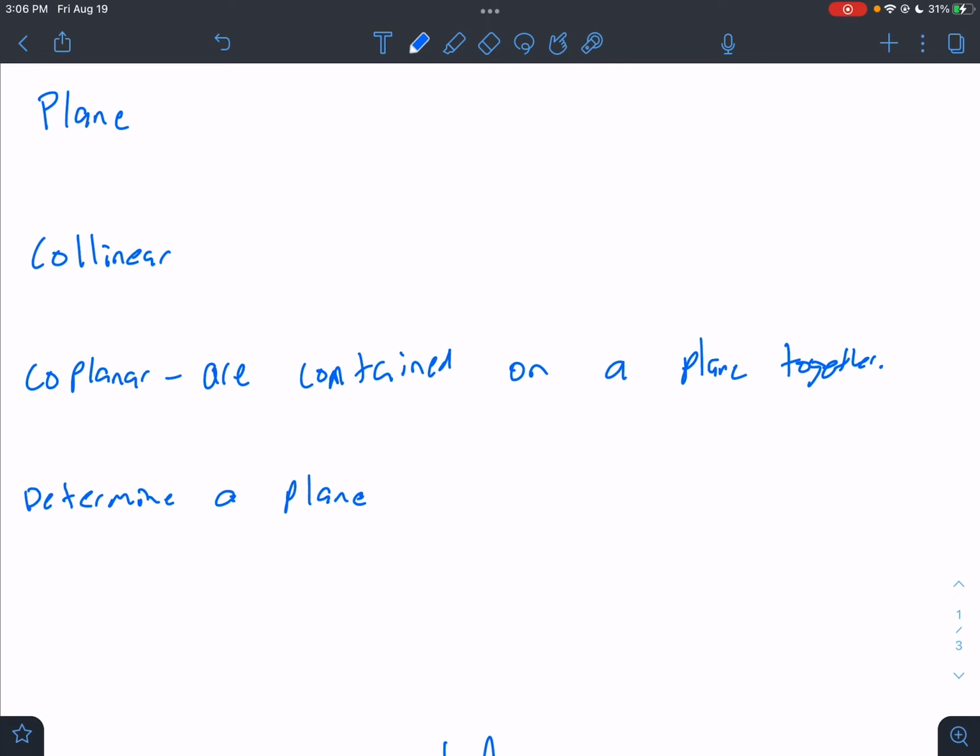That's it. Determine a plane means that exactly one plane hits them. Ooh, that's a big difference.